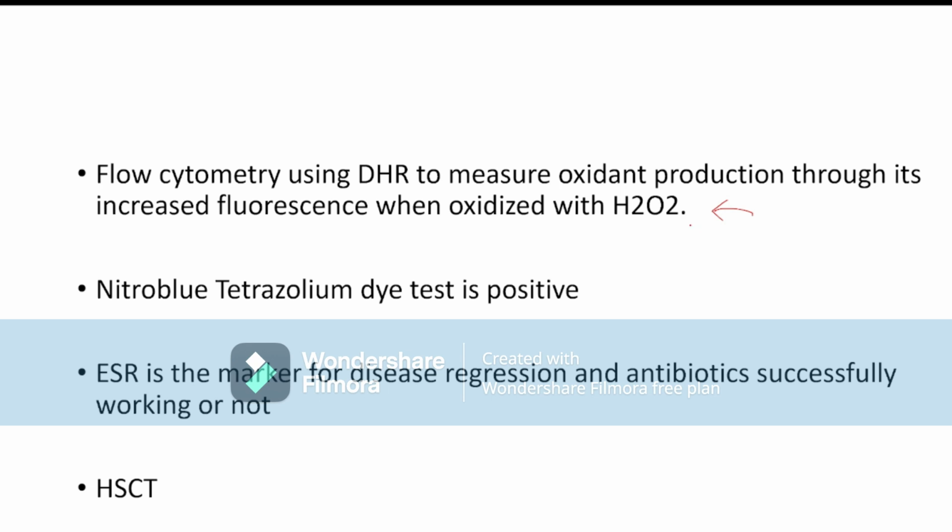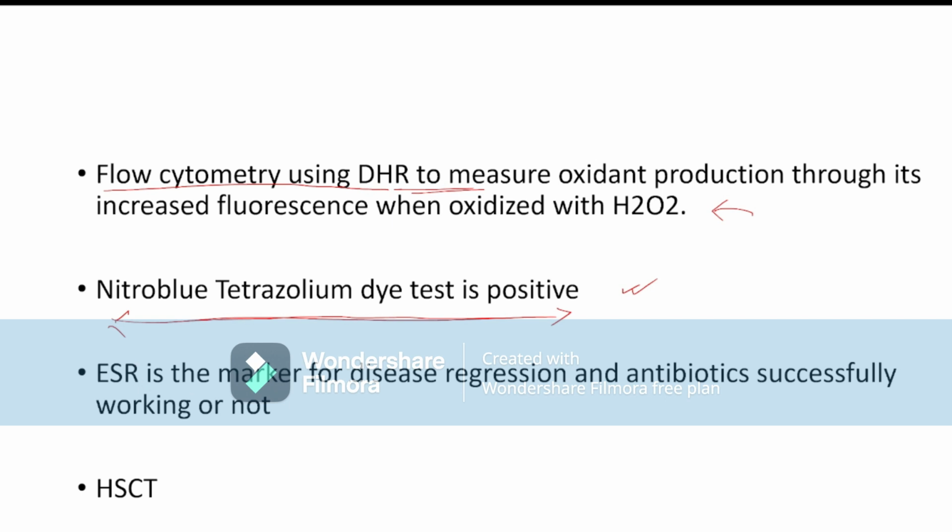If the body cannot produce HOCl, then the child may be suffering from chronic granulomatous disease. So flow cytometry with dihydrorhodamine is the investigation of choice. Nitroblue tetrazolium dye test is the screening test, and if in any question this option is there, you have seen this line, then think about CGD, chronic granulomatous disease.